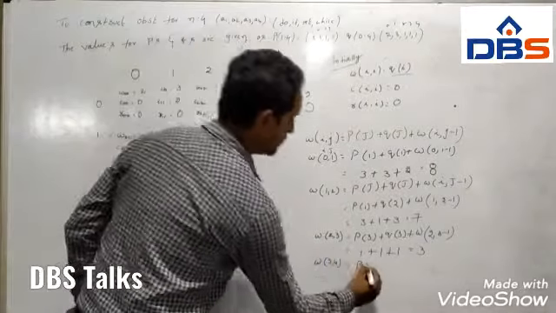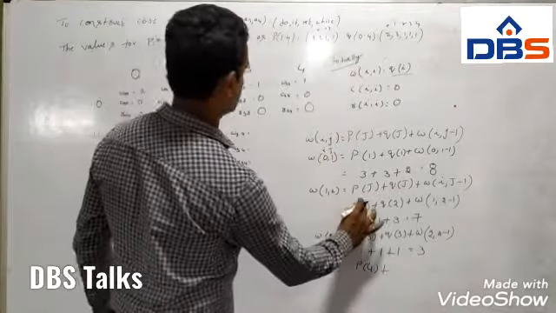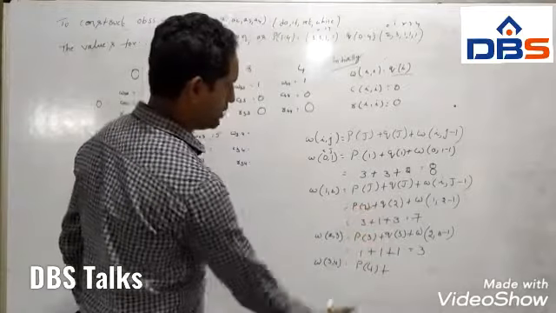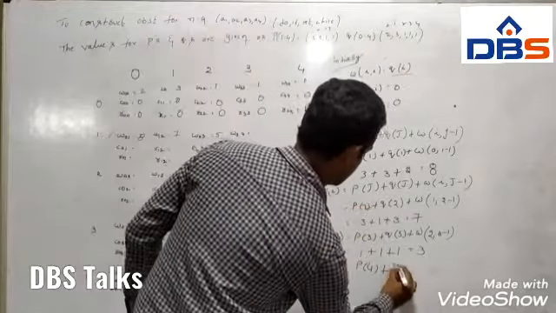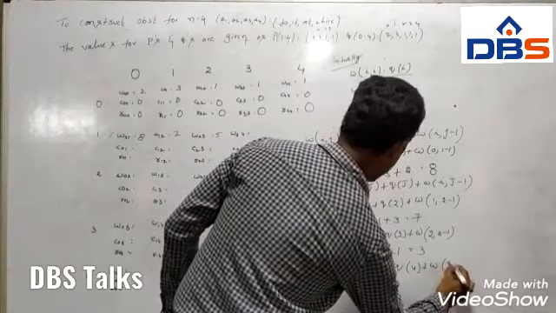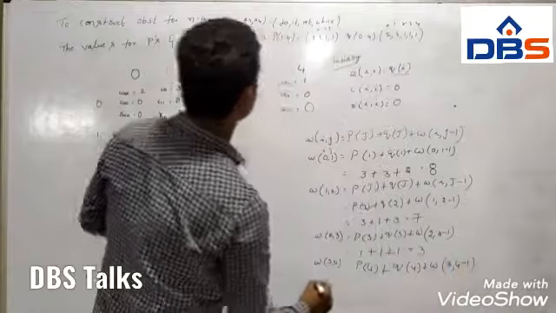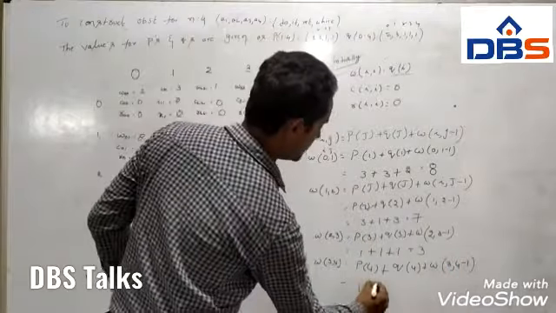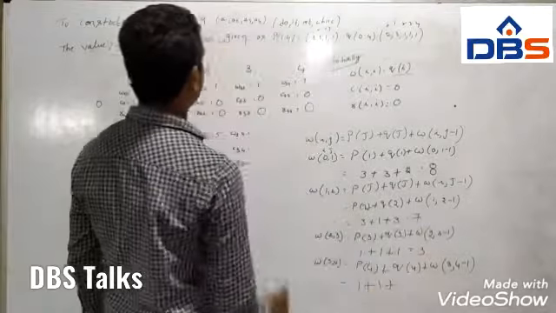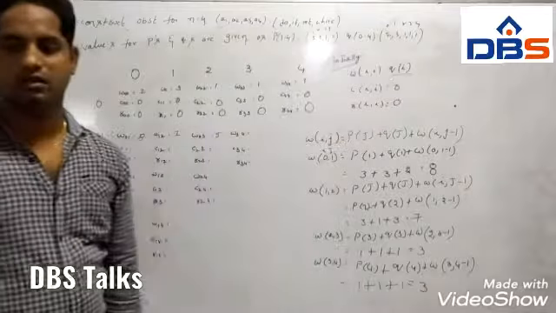So W of 3 4 equals P of 4 plus Q of 4 plus W of 3 comma 4 minus 1, that is P of 4 equal to 1 plus Q of 4 equal to 1 plus W of 3 comma 3 equal to 1, that equals 3. Okay.